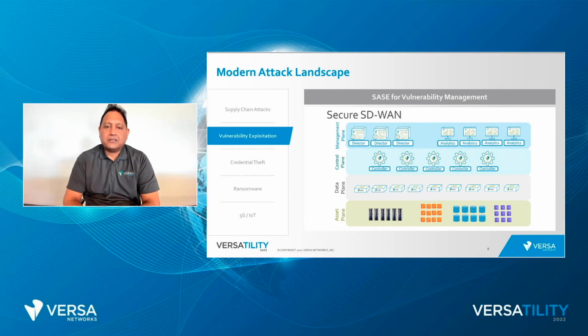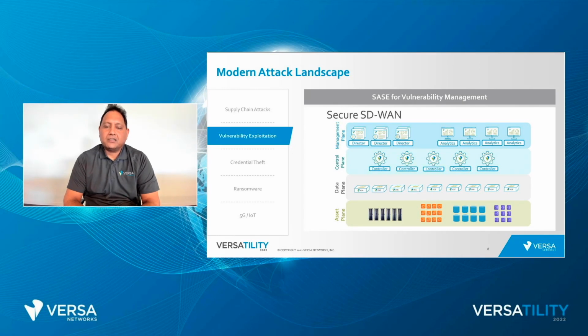With secure SD-WAN, there's yet another layer of separation for management. So we have a management plane, control plane, and data plane, and this provides a layer of cover over the assets.